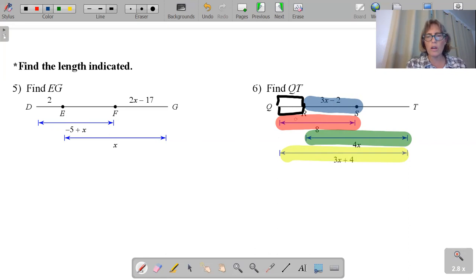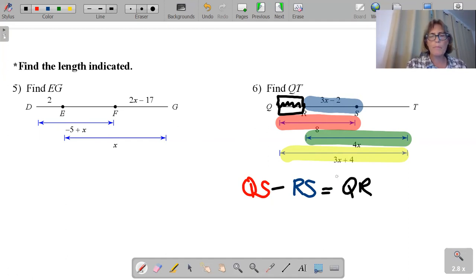So let's do here things before algebra. Red. So our red segment QS minus the blue segment RS will get you that leftover segment QR.